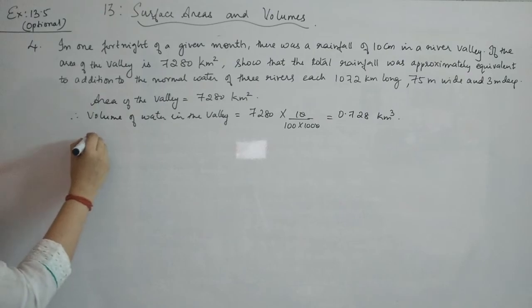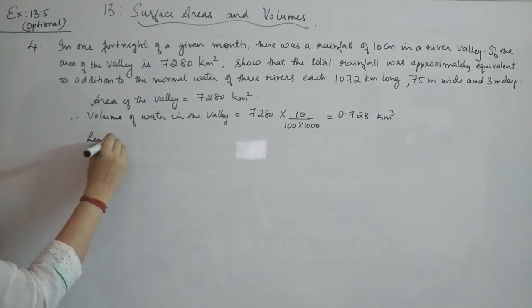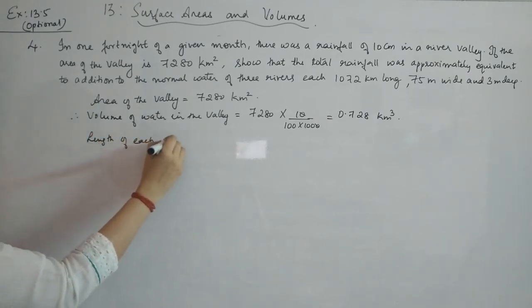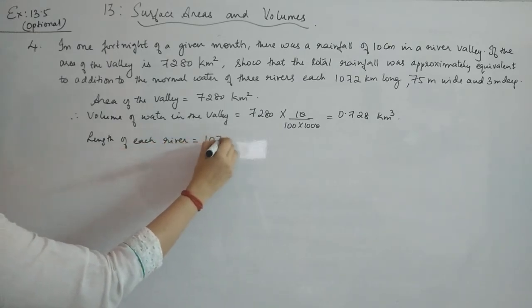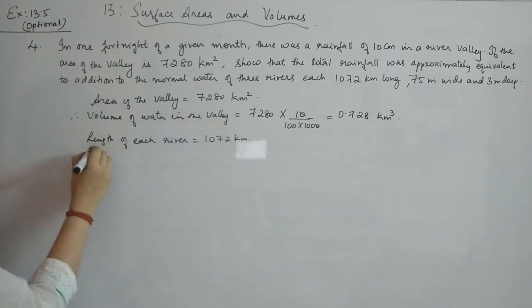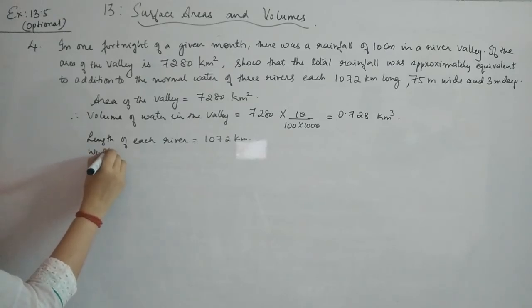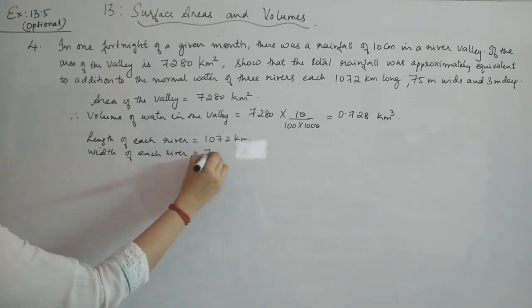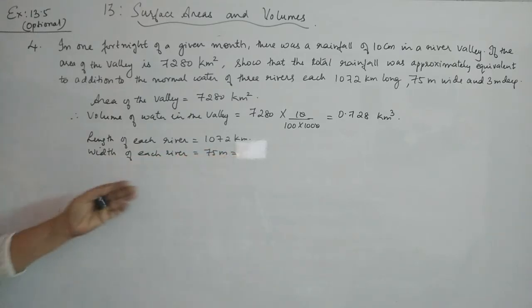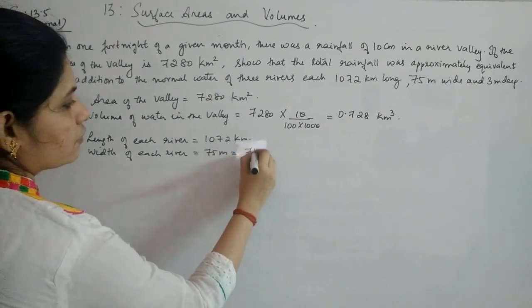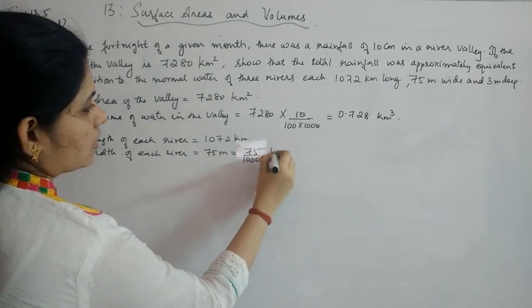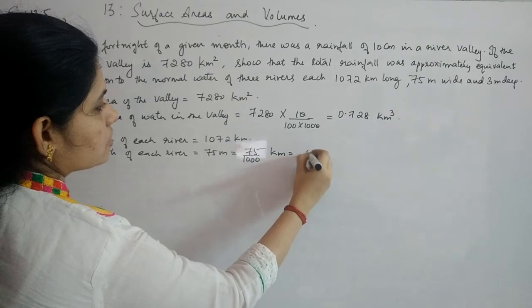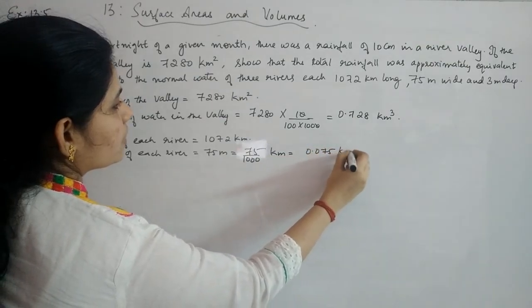Length of each river is given to be 1072, that is in kilometers, so no need to change. Width of each river is given to be 75 meter, and its conversion will give you 75 by 1000 kilometers, so it is 0.075 kilometers.